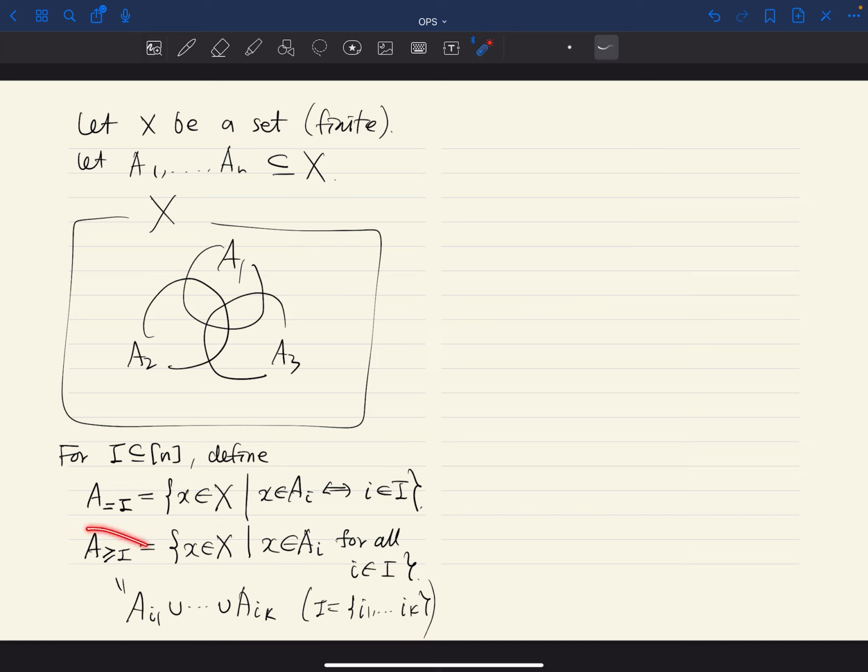But this is something different. For example, what is A equal {1}? Only in A1, so that must be this part. And what about A equal {2,3}? Only in A2 and A3, but not in A1. So it's this part.